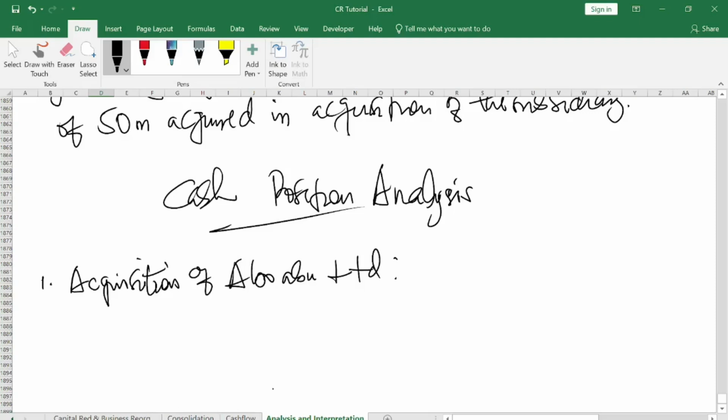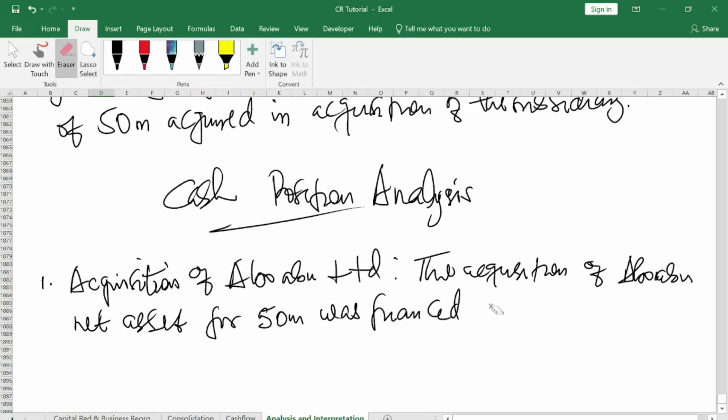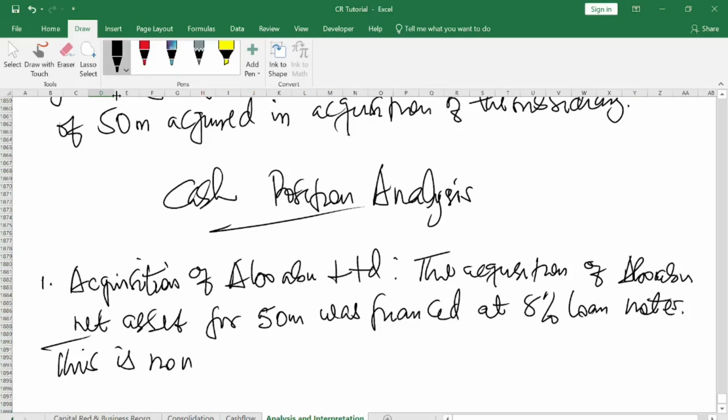Right? Okay. What can I say about that? You see, the acquisition of Awabo net asset for 50 million was financed entirely at 8% loan note. So this is a non-cash transaction.